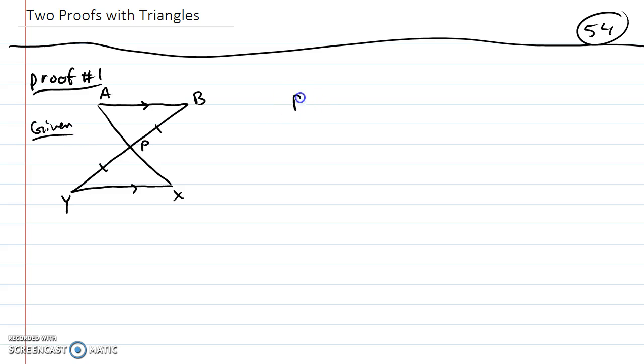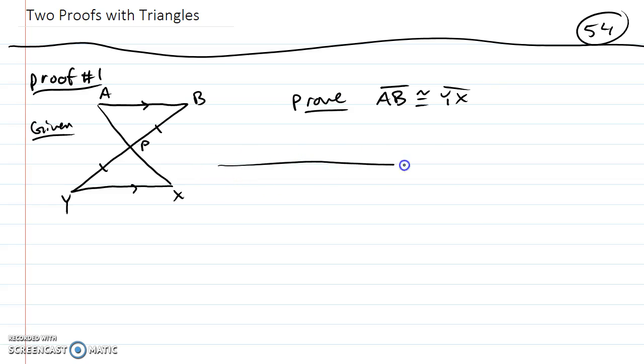Now what we have to do is prove that AB is congruent to YX. So what we need to do is first show that those triangles are congruent. If those two triangles are congruent, then we can say that the sides have to be congruent.